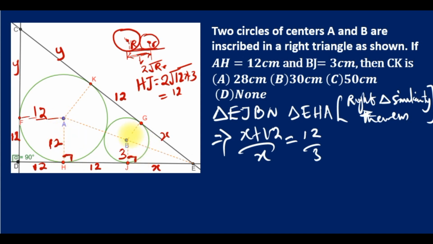So X over X is 1, and 12 over 3 is 4. So we have 12 over X equal to 4 minus 1, which is 3. So remaining 12 over X. Therefore, X is 4. That's 12 over 3. So our X is 4.